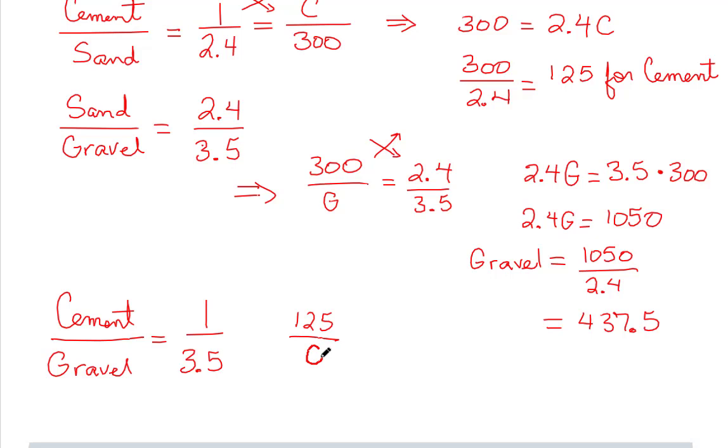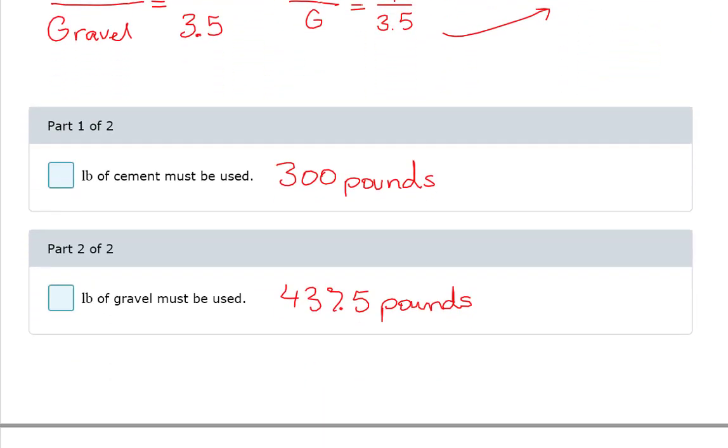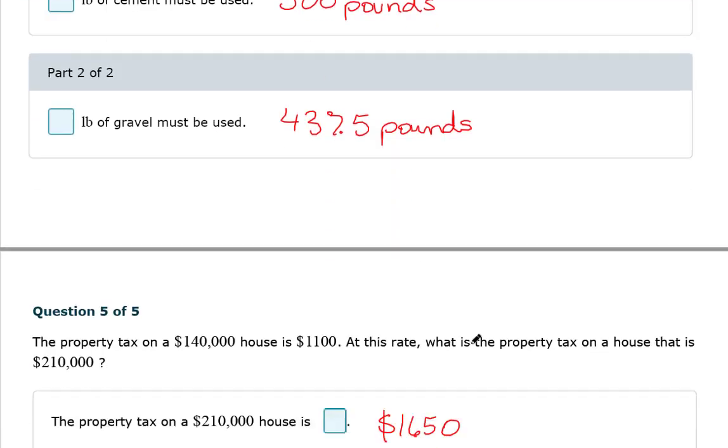Put that over G for gravel, 1 over 3.5. And if you solve this, you'll get exactly that same amount. So whenever you make something, typically there's a ratio that you need to form to be able to make it. And so finally, we just fill in the numbers for the pieces that we used.